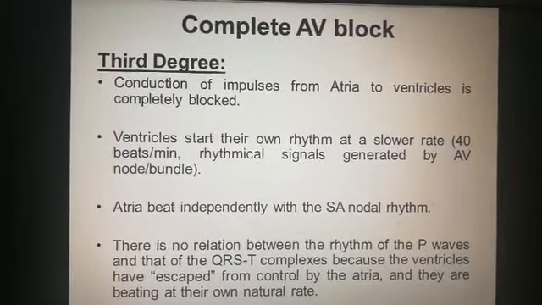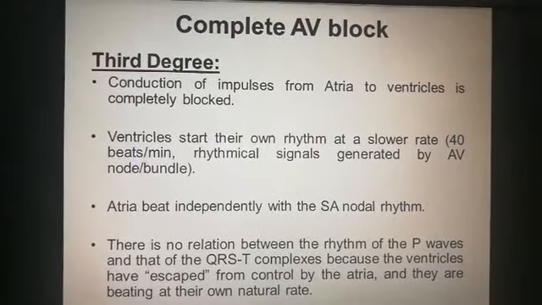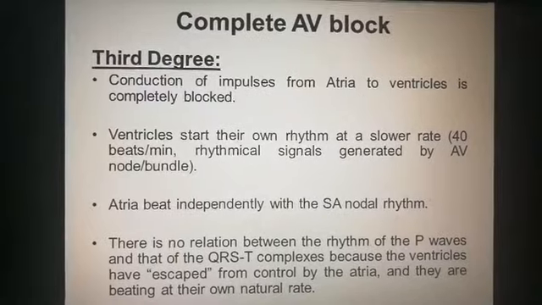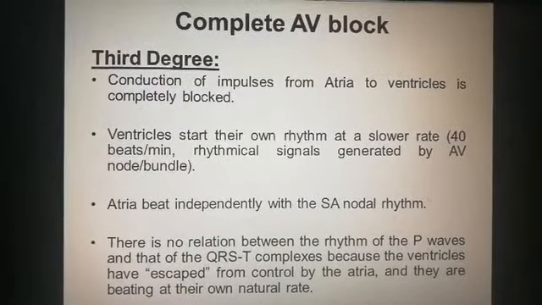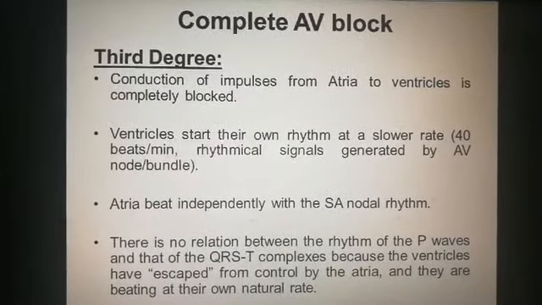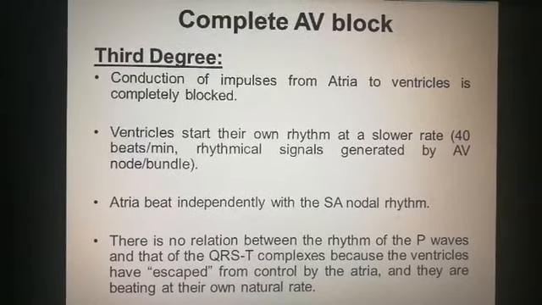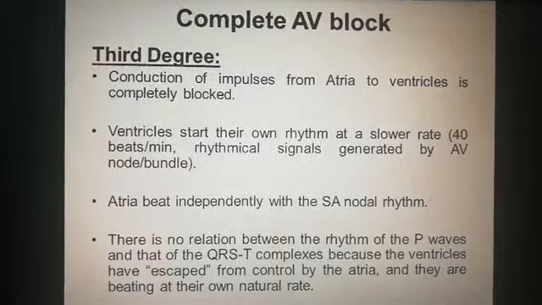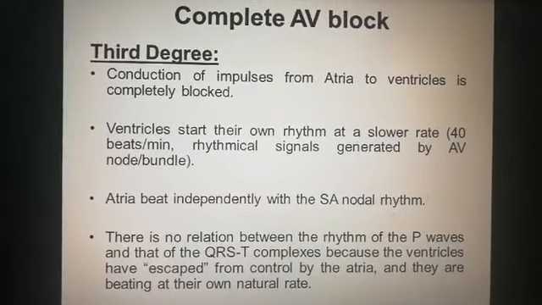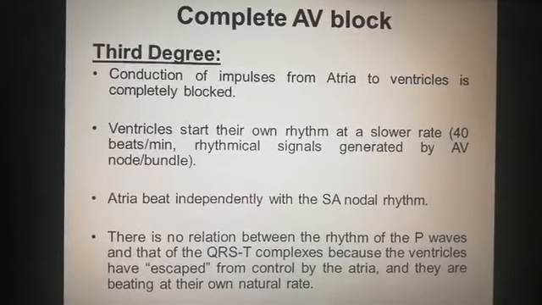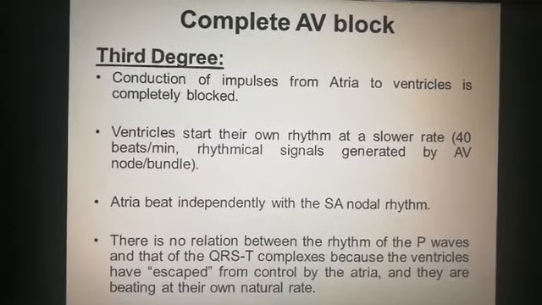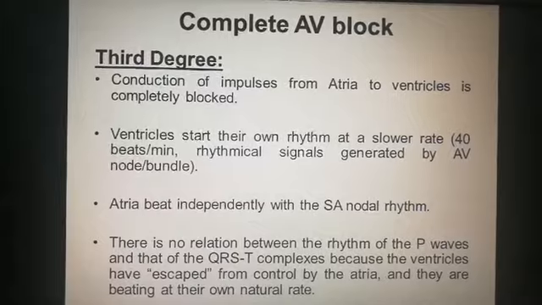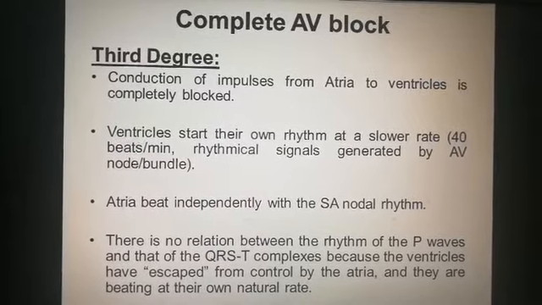And this is the complete block, as the name indicates. The conduction of impulses from atria to ventricle is completely blocked, and the ventricles start their own rhythm at a slower rate, 40 beats per minute, with rhythmic signals generated by the AV node. As you know, the conduction speed of the AV node is 40 beats per minute.